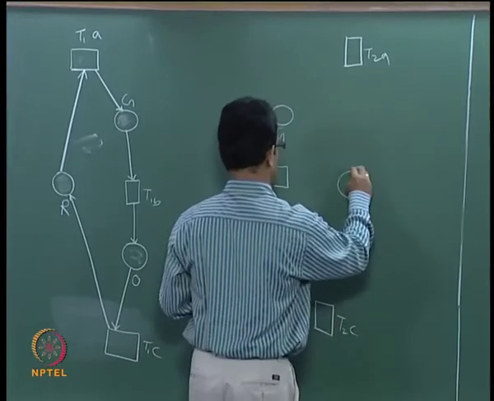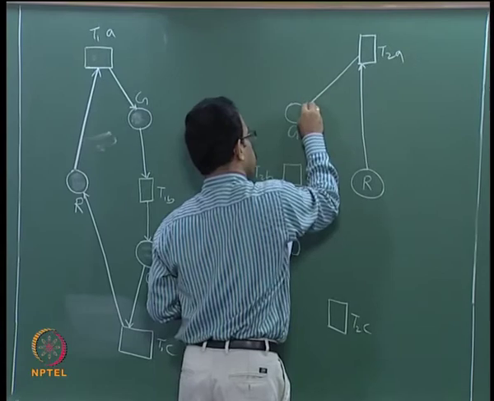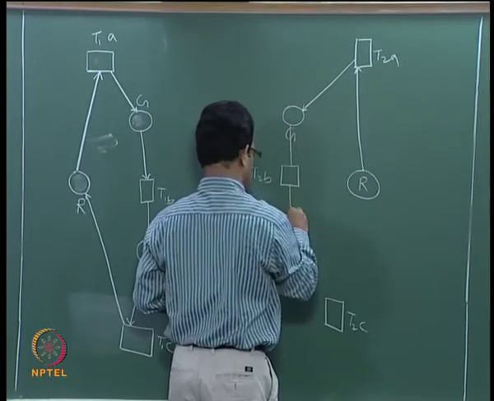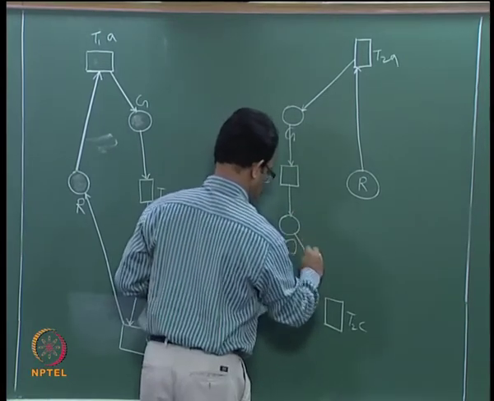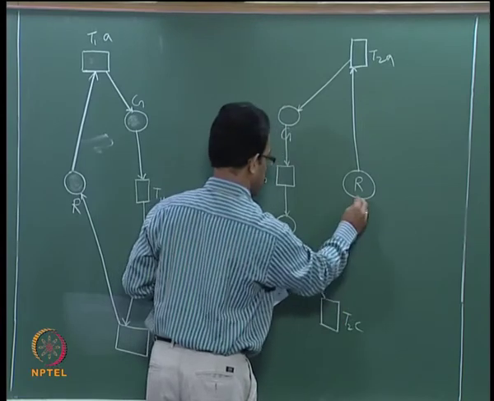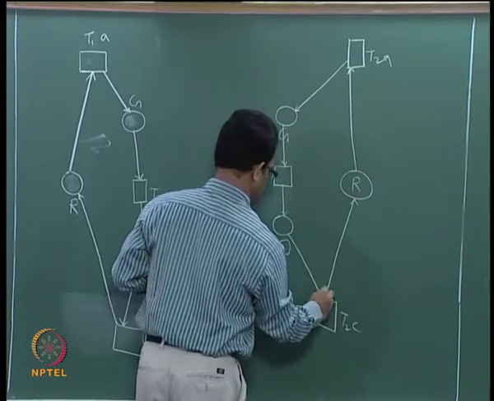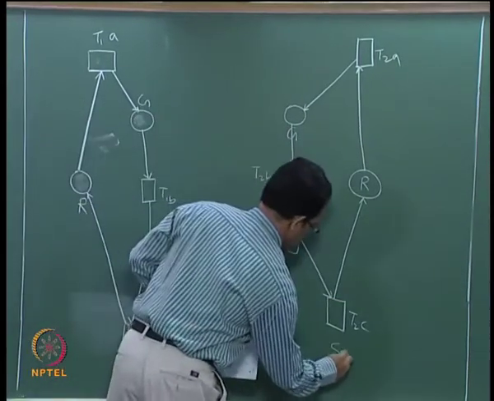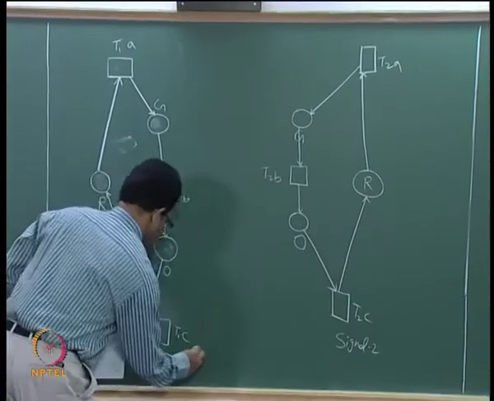So you have this red to green, and then green to orange, then the transition from orange to red. So these are two independent signals. So this is signal 2, this is signal 1.